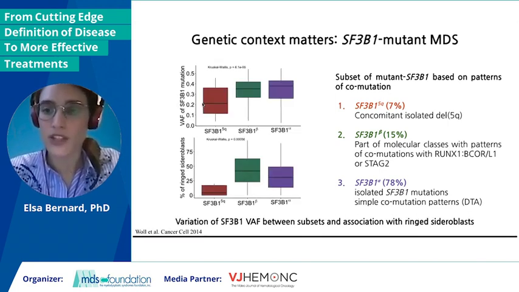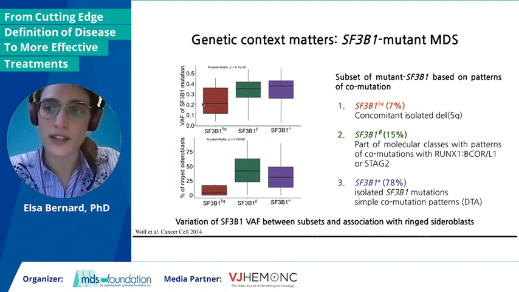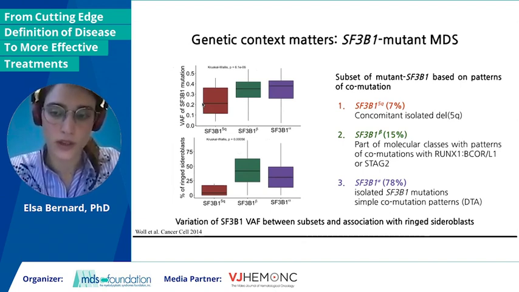Beyond the association with outcomes, we also see differences in the variant allele fraction across the subgroups of SF3B1 mutations, as well as in relation with different levels of ring sideroblasts.